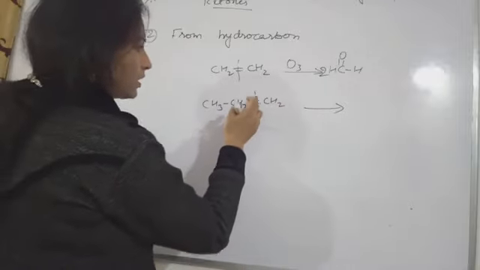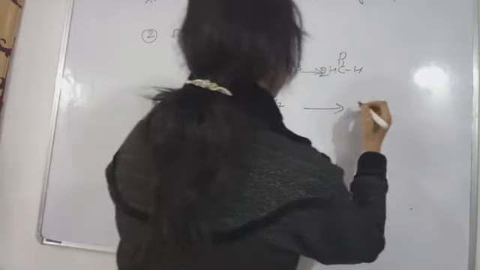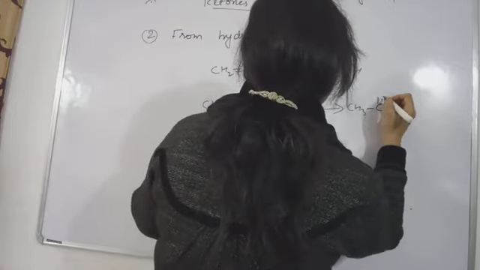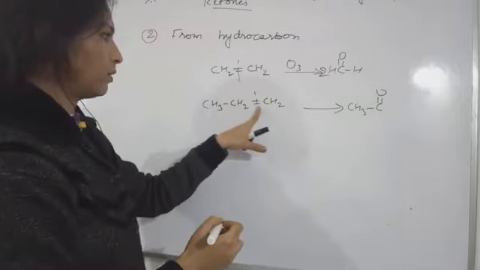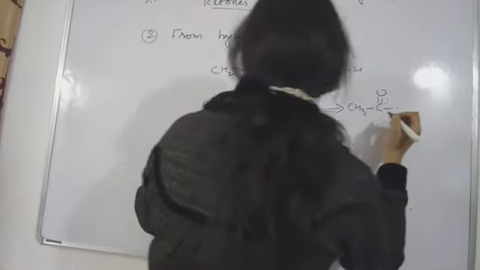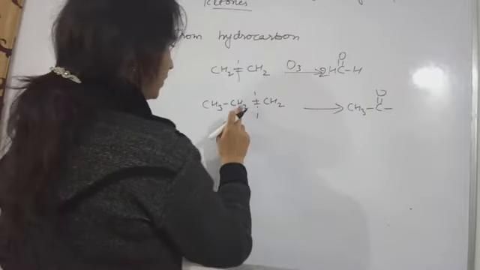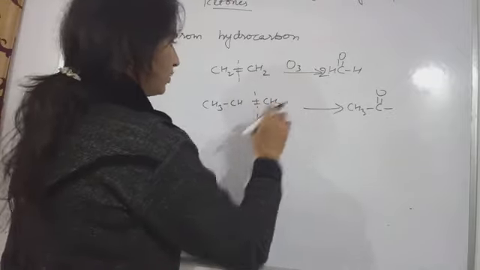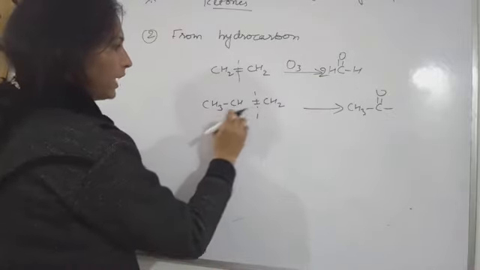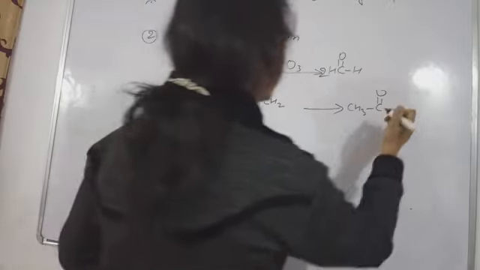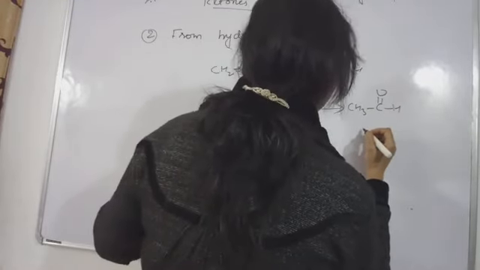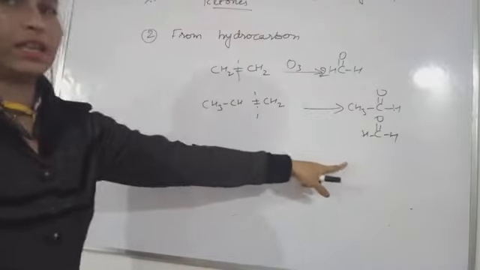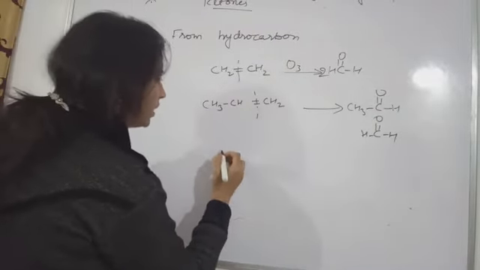This bond will break, and you will get CH3 CH double bond O, an aldehyde, and here you will get HCHO. Like this.